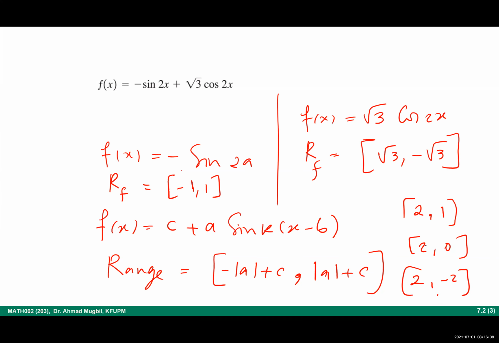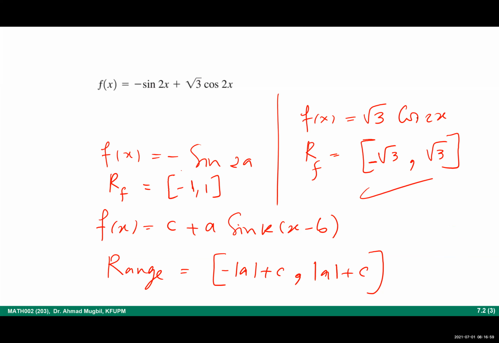Are we using this notation? No. Negative root 3 to root 3. Yes. Be careful, ya Shabab, please. Always when you have an interval, the smaller one will be to the left and the bigger one to the right. Shabab, please be careful. Okay, so you are right.